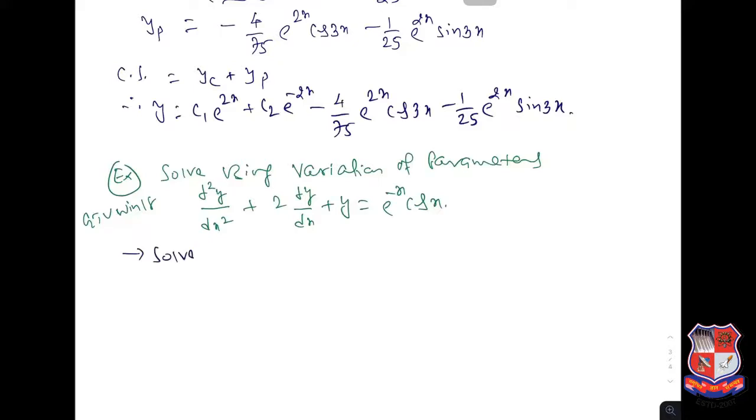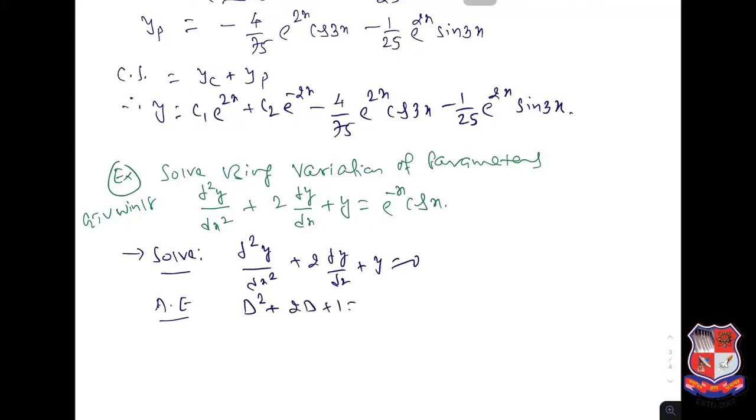So the first step is to solve the equation d square y by dx square plus 2 dy by dx plus y equal to 0, and so the auxiliary equation is d square plus 2d plus 1 equal to 0.